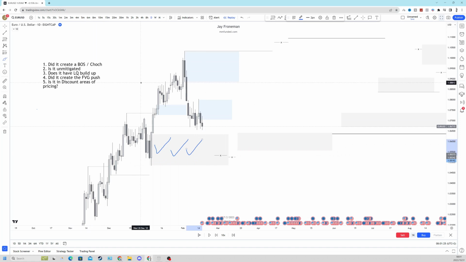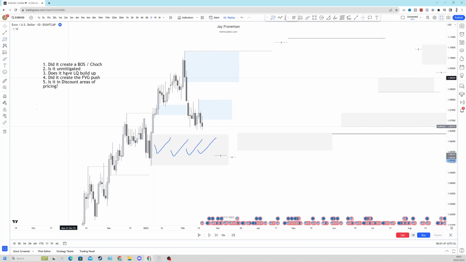Did it create a fair value gap or inefficient push? Well, over here, if you've already watched the fair value gap video in this mentorship, you'll see that we have a valid fair value gap lying over here. So yes, this has a valid, inefficient, and fair value gap push.